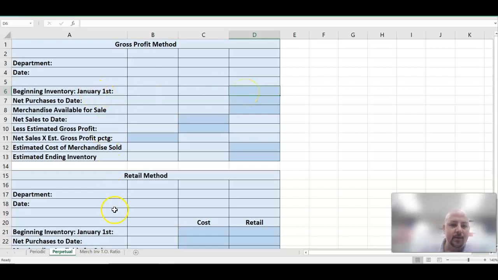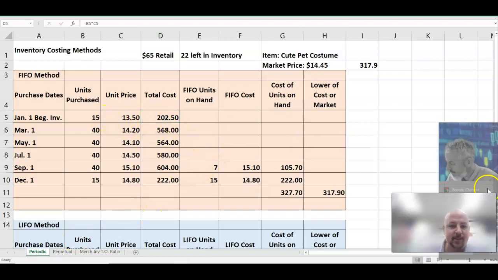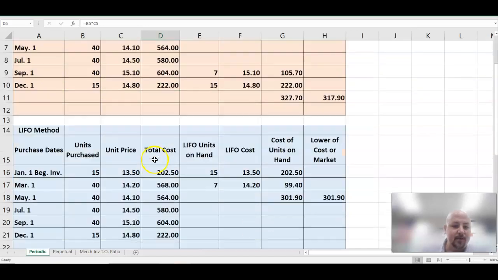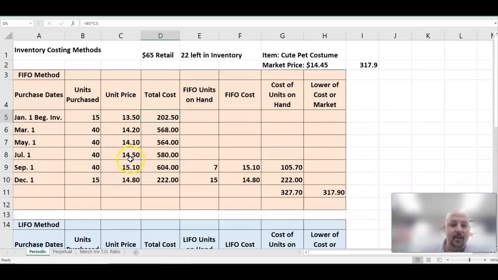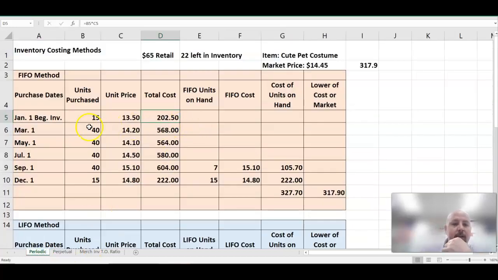All right, beginning inventory January 1st is going to be $202.50. We already found that when we did the FIFO and LIFO methods. So the amount's going to be 202.50. The purchases to date is going to be the total cost of everything that we got after beginning inventory, which is down here, 2538.